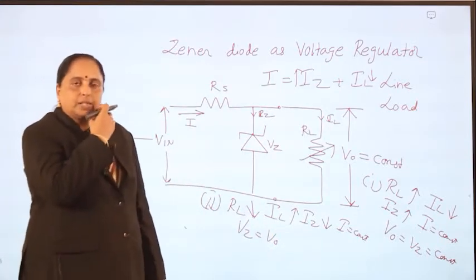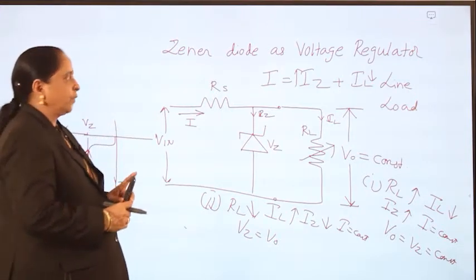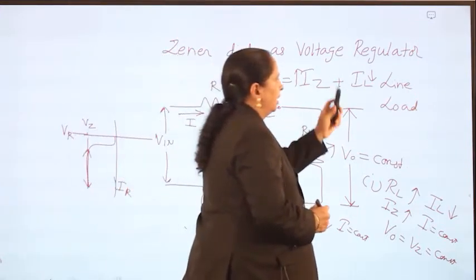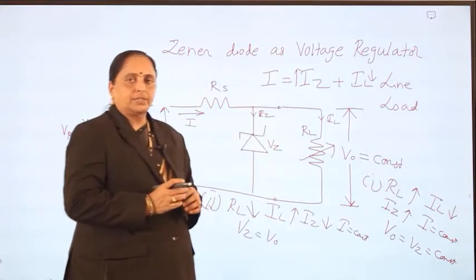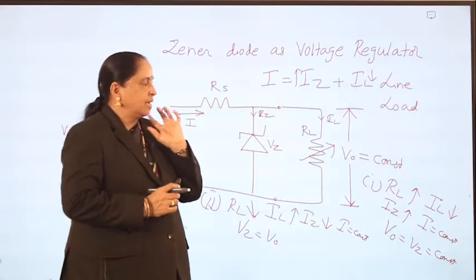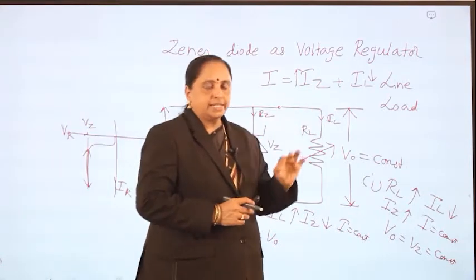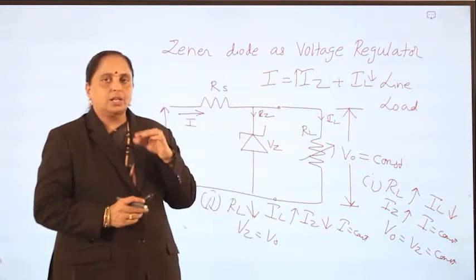So this is about how the zener diode acts as a voltage regulator. If it regulates the output voltage with variations in the line voltage, that is known as line regulation. And if the output voltage is maintained constant for changes in the load, that is known as load regulation.